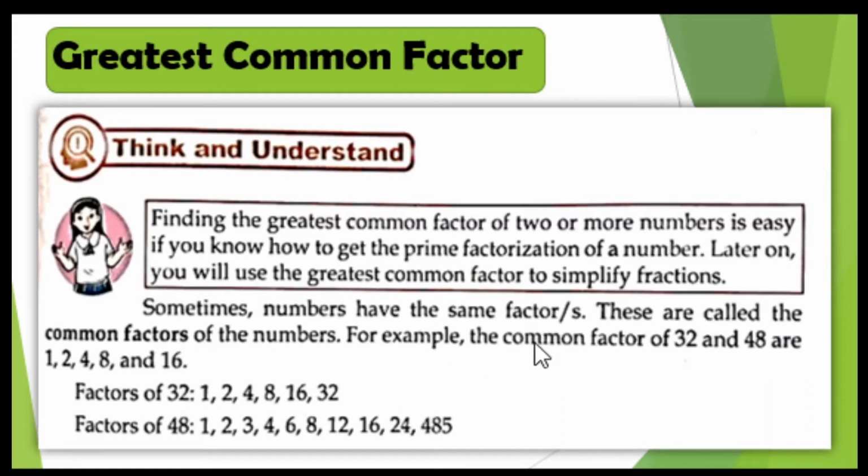For example, the common factors of 32 and 48 are 1, 2, 4, 8, and 16. Again, common factors of 32 and 48: 1, they are common; 2, they are also common; 4, they are common; 8, they are common; and 16, this is the last common factor of 32 and 48.